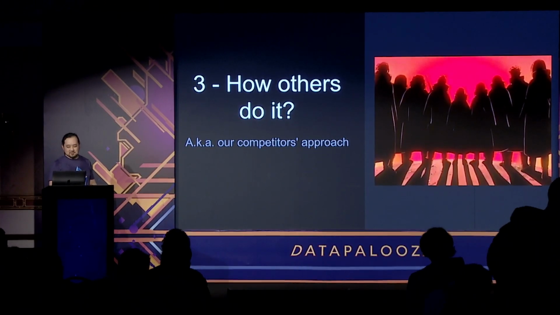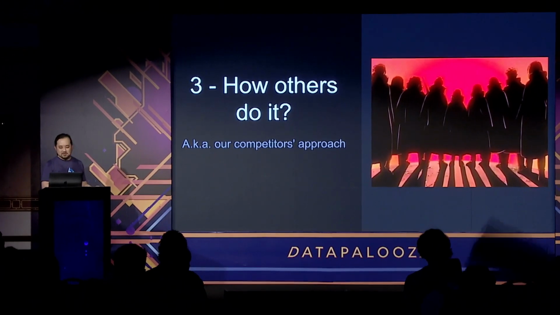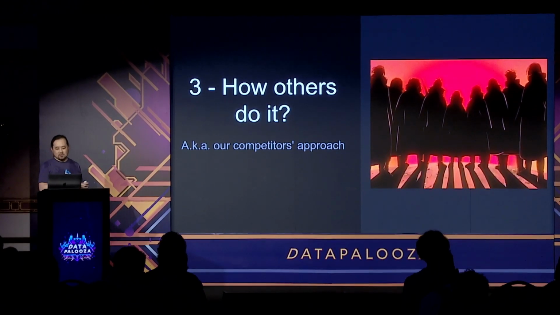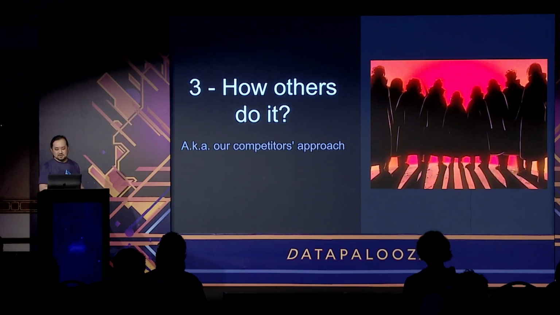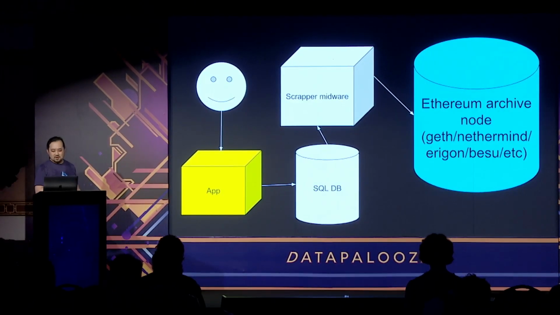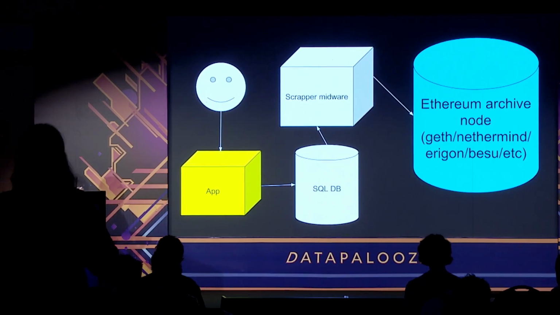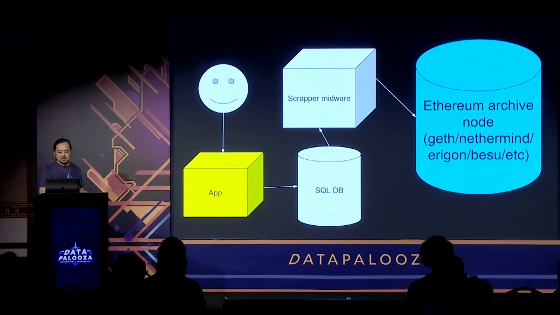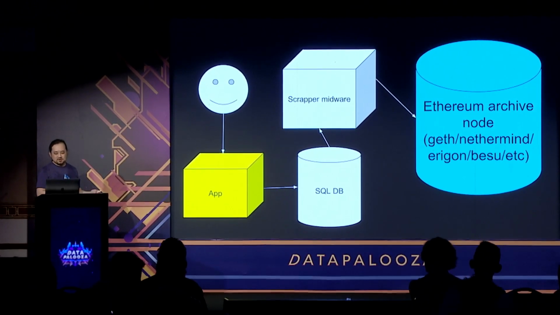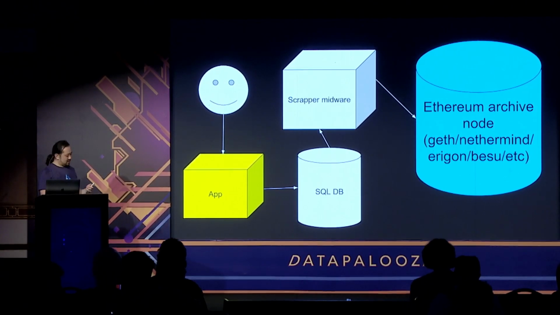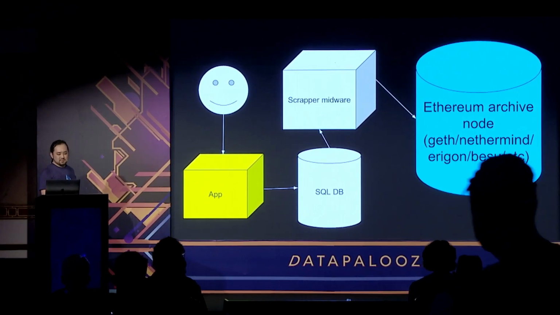But before we talk about the challenges, let's take a look at how other similar software works, either proprietary, closed or open source, and which problems we wanted to address specifically. Here's an architecture diagram for any generic application like a block explorer. You usually first have an archive node, which could be from any Ethereum client.